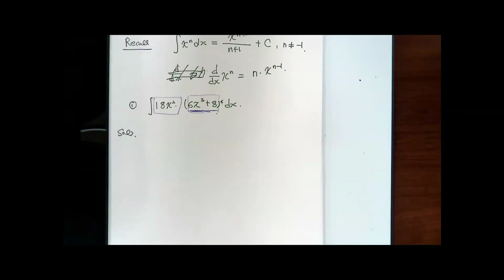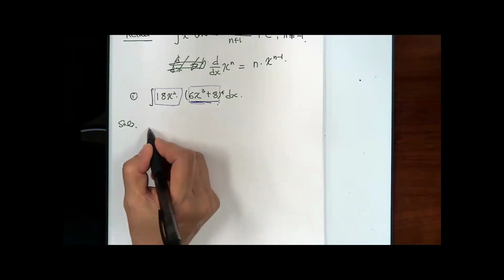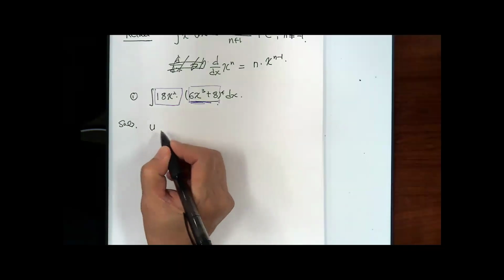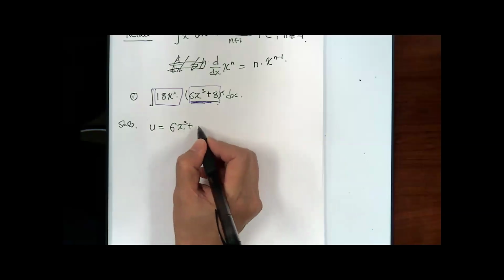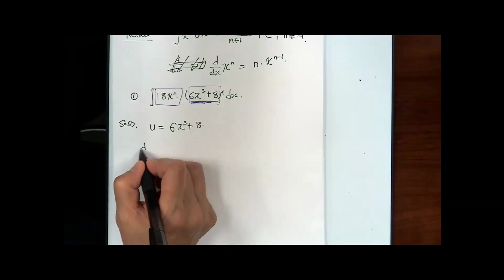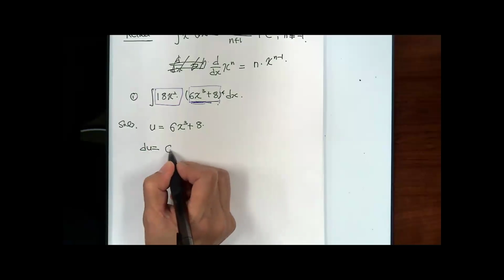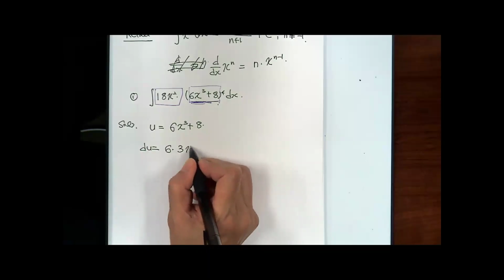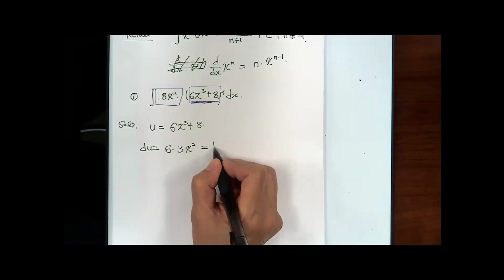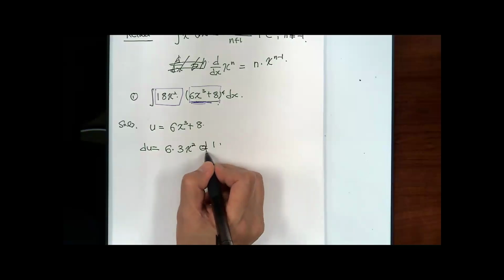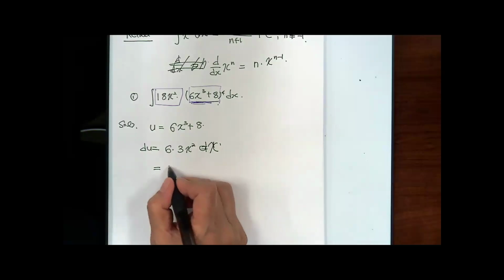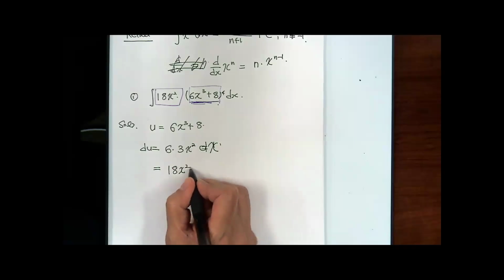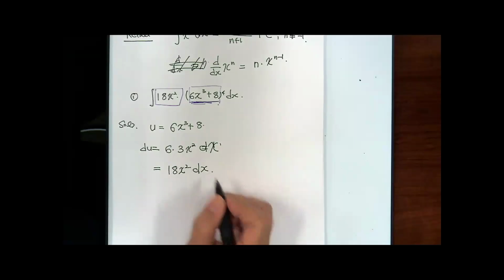So what we will do is express the inner function as u, just a variable. Then du will be 6 times 3 times x squared dx. So that is 18 x squared dx.